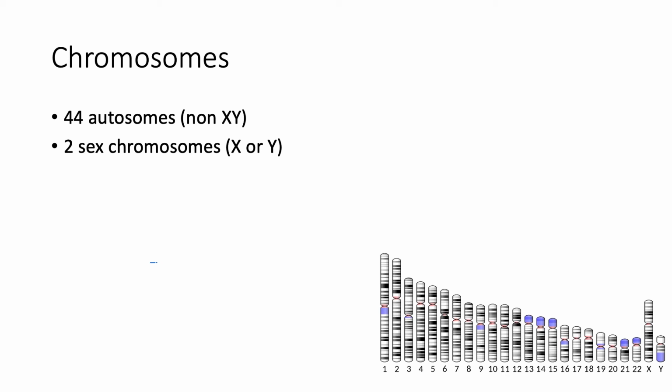The other two chromosomes are called sex chromosomes and are either X or Y. They're called sex chromosomes because they determine biological sex, where XX is female and XY is male. All of the traits I've talked about so far are found on autosomes, which means that all people have two genes, therefore two alleles for them.